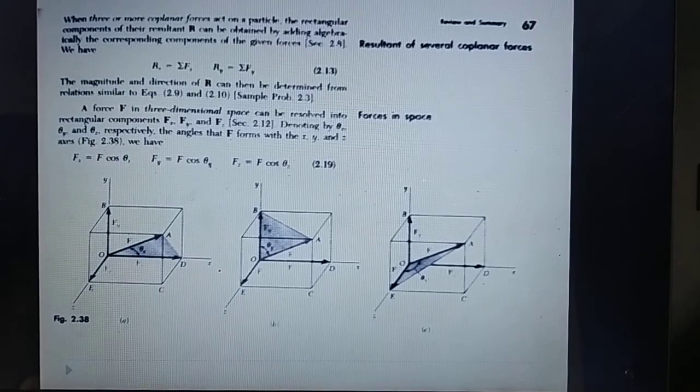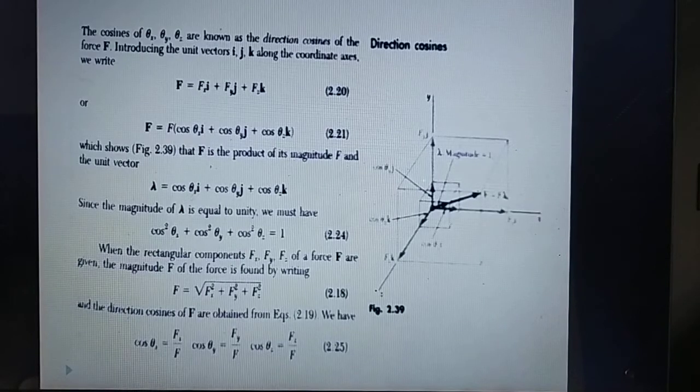The unit vectors in the 3D dimension are i, j, and k. So this stands for x, this is for y, and z direction. And the components are here: Fx i, Fy j, Fz k.